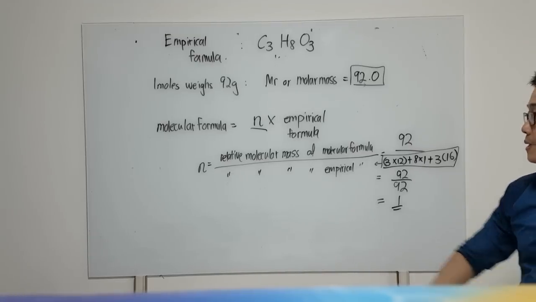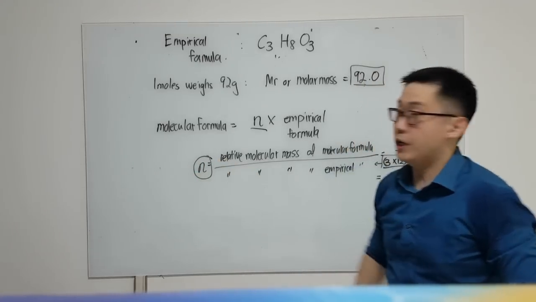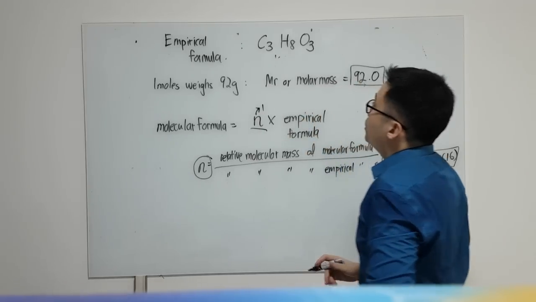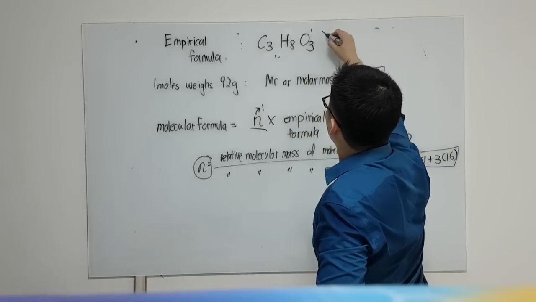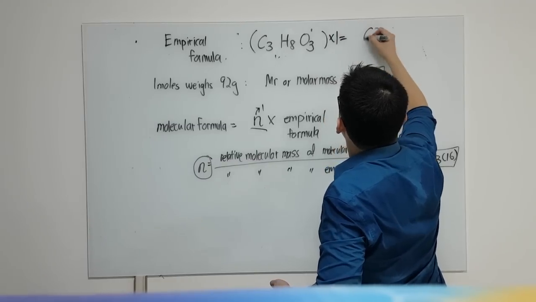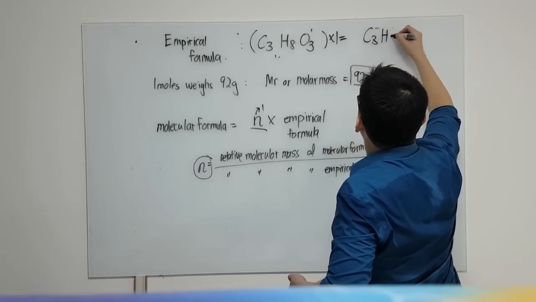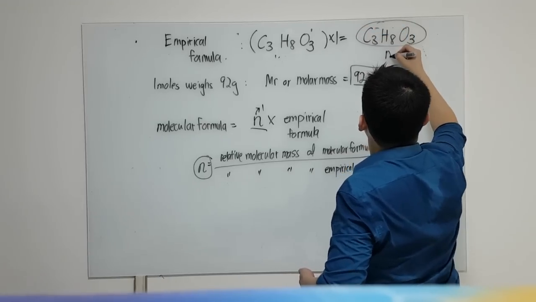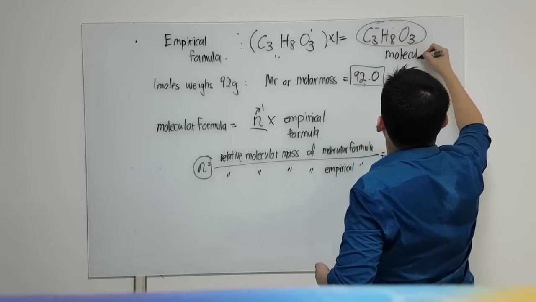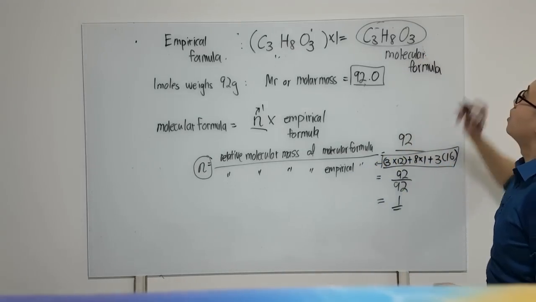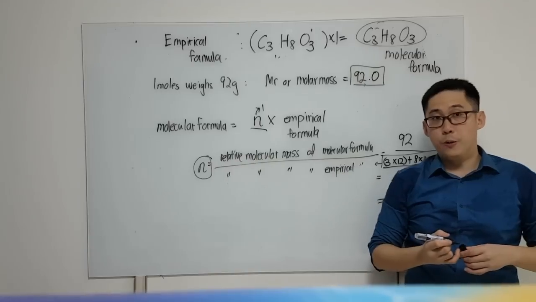So in this case here, this n is actually equal to 1. Which means that if you take the empirical formula, this whole thing here, and you times 1, that will give you another C3H8O3, which in this case turns out to be the molecular formula of my glycerol as well.